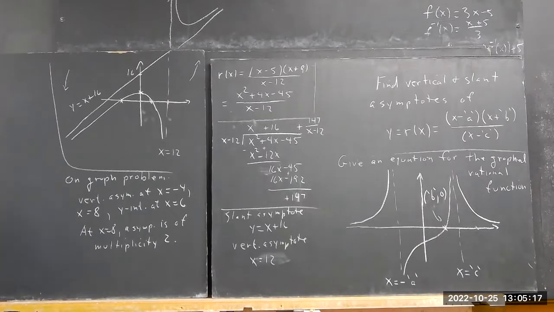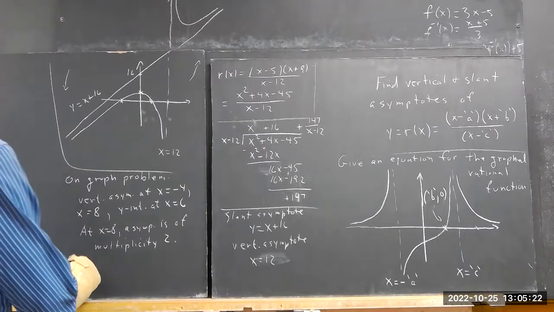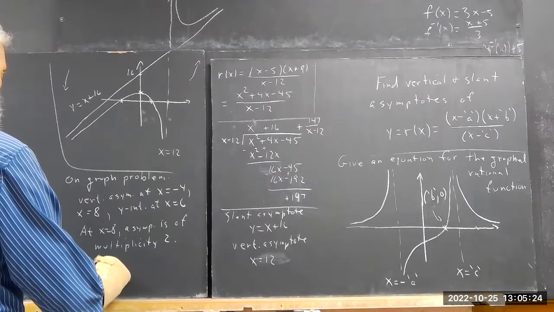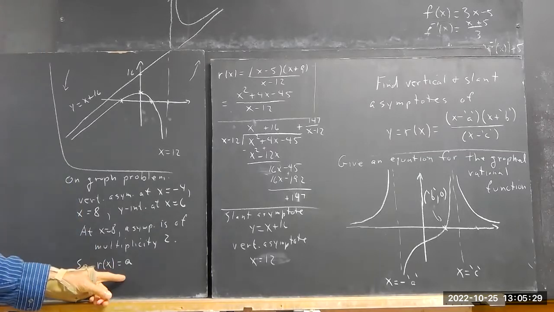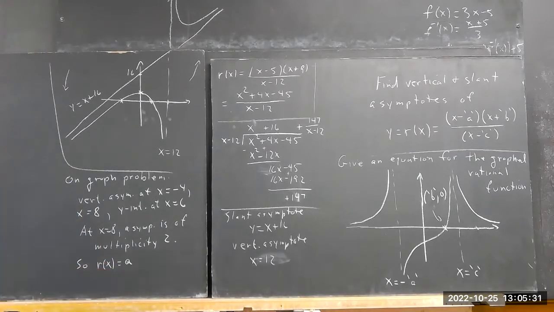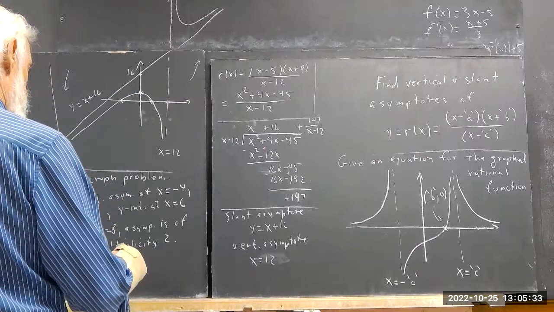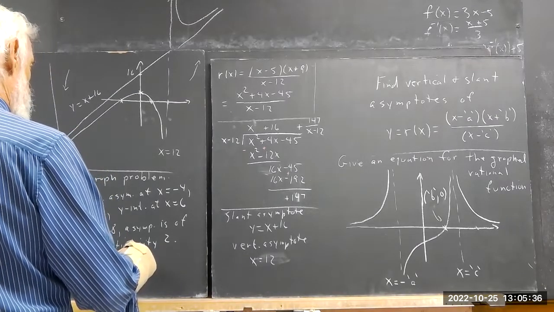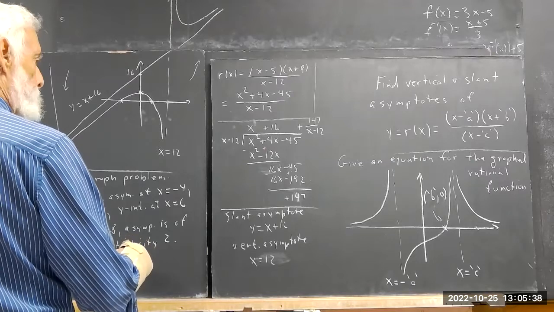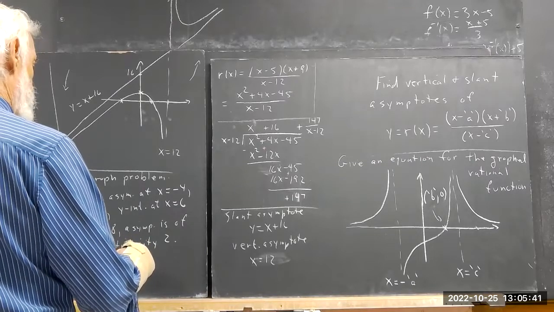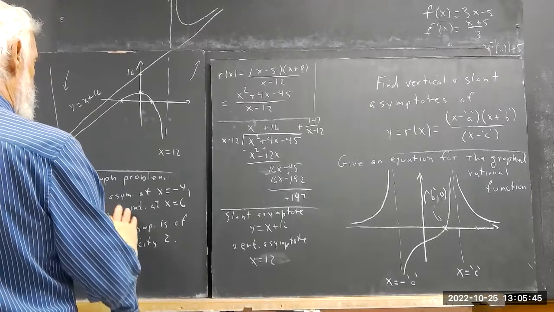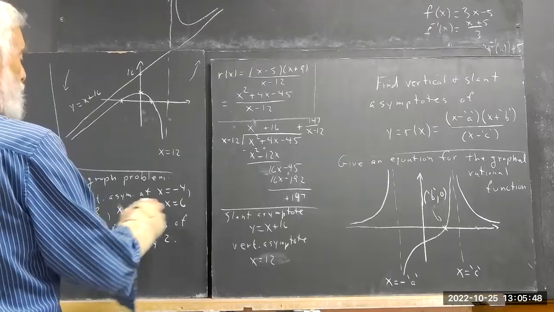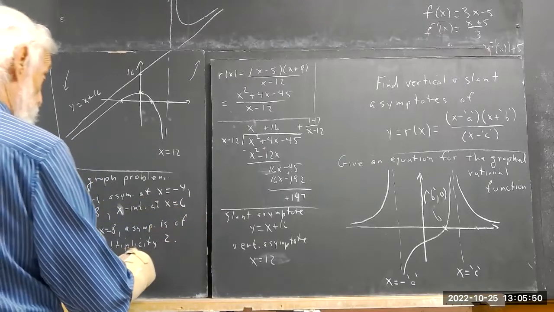Well, write the function. I'll use A for the constant. And we have the x-intercept. So x equals 6, that's not y-intercept.